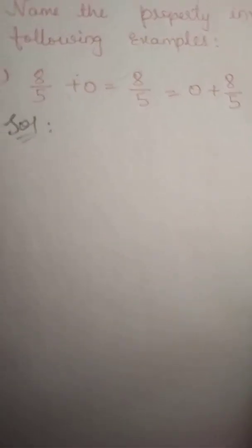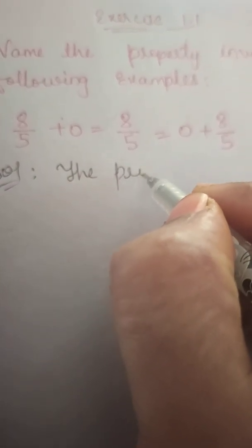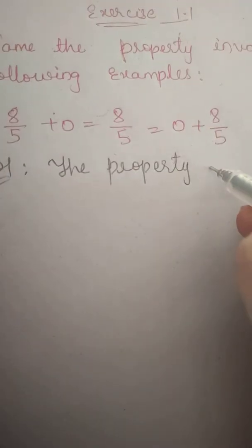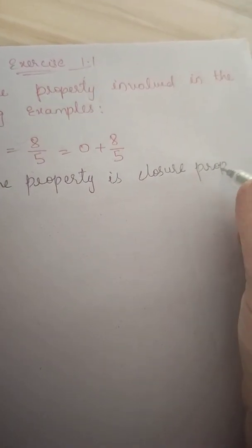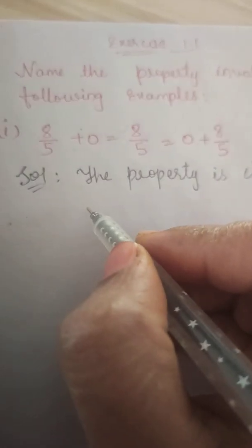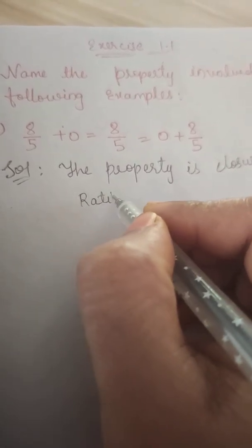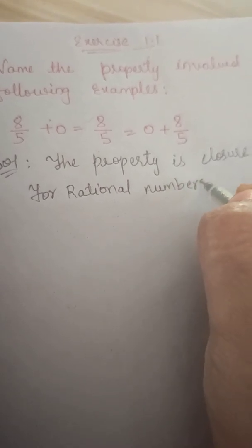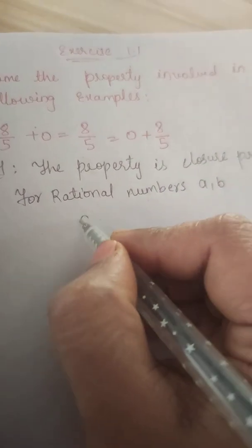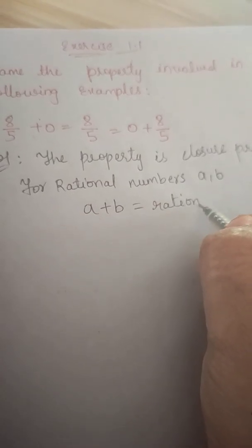Solution. Property is closure property, that is, for two rational numbers a, b, a plus b should be a rational number.